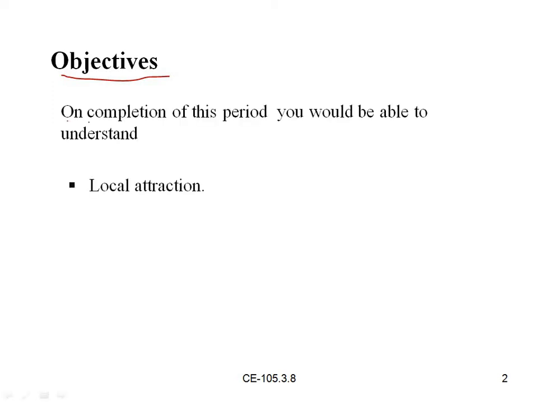Objectives: on completion of this period, you would be able to understand what is local attraction and how it affects the compass surveying station points. So why does this local attraction happen in compass surveying?